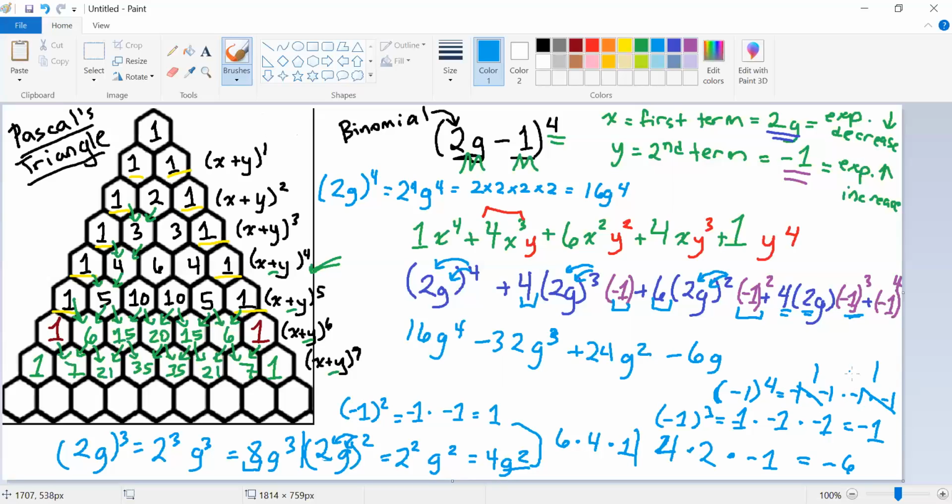That's going to be a positive 1. So you're really doing 1 times 1, which gives you a positive 1. And this is going to be my final answer. So instead of me expanding it and multiplying, doing FOIL, I just found its basic form, and this is the answer to this binomial.